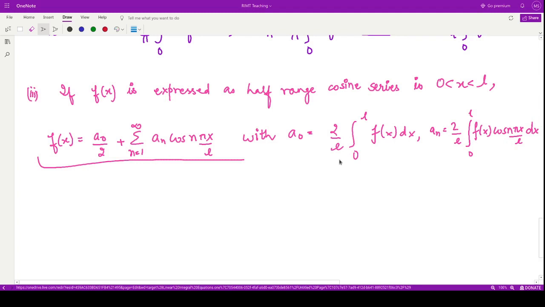So this is the Fourier series, which is the half range cosine series, and in this case bn is simply 0. You already know that.